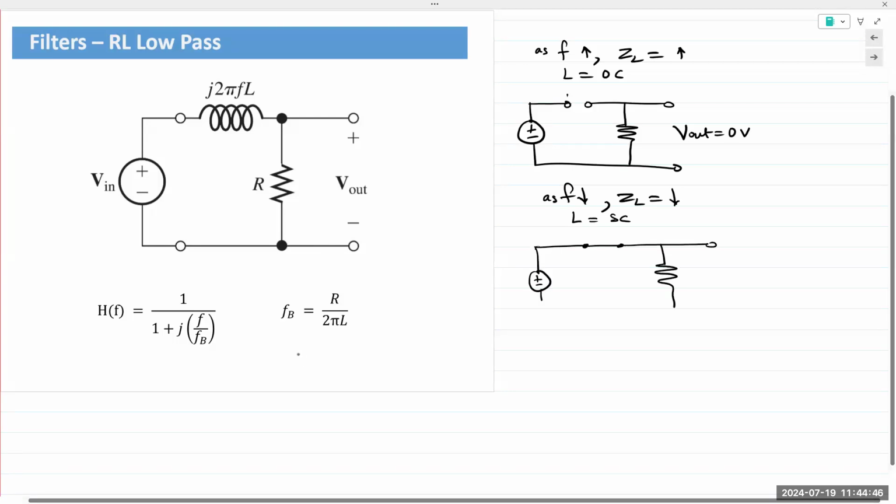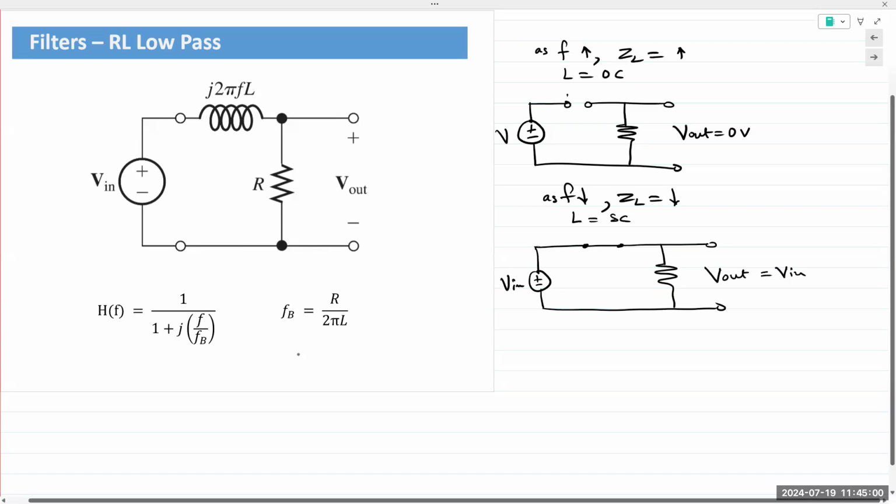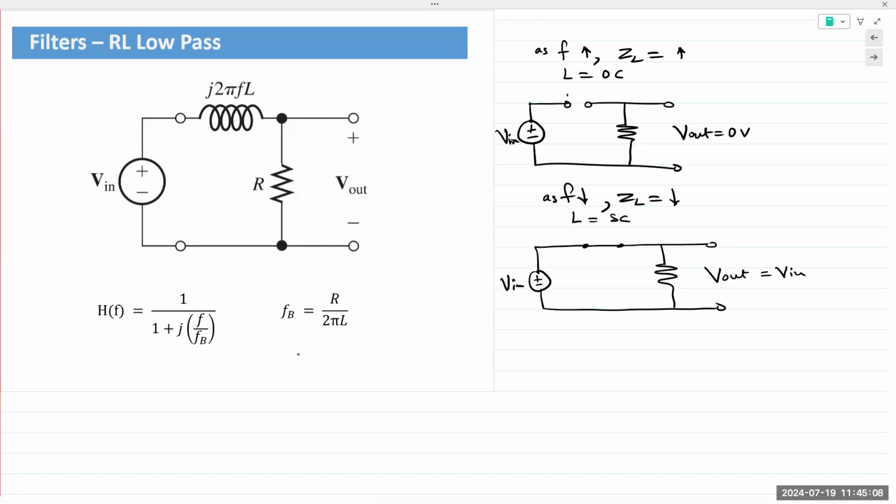And so V out is equal to V in. This works as a low pass filter.